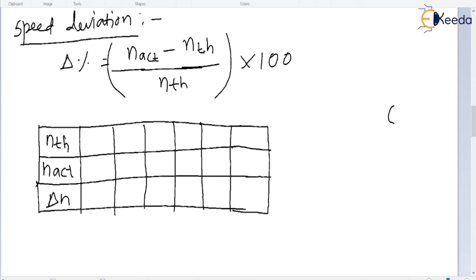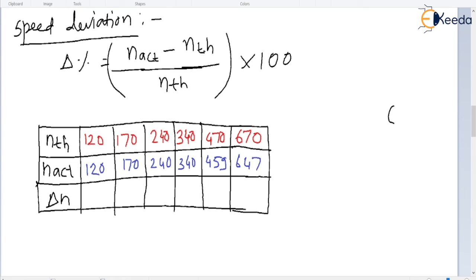First one is 120 rpm, then 170, 240, 340, 470, and the last one is 670 rpm. In the actual case we have 120, 170, 240, 340, 459, and the last one is 647.